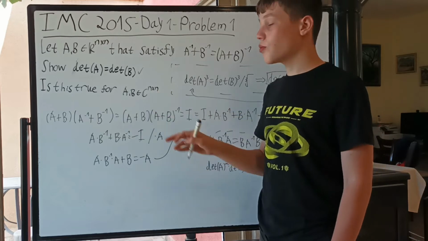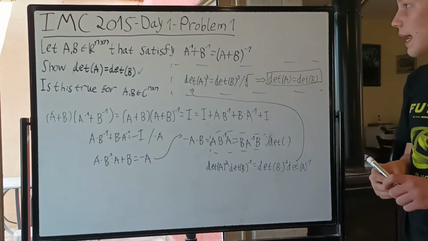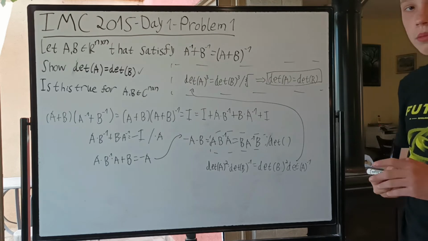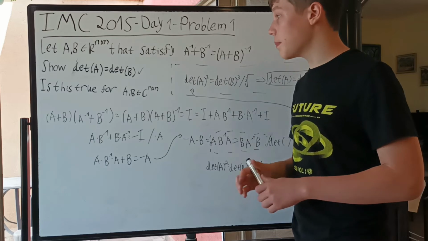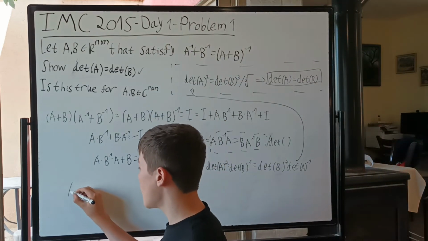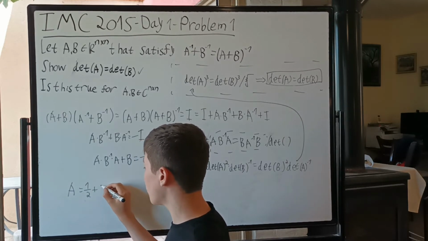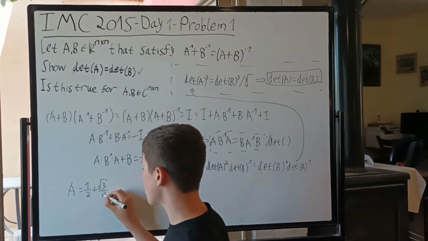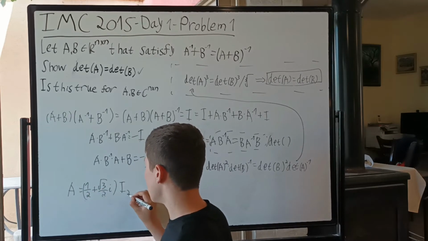Now, is this true for A and B which are complex matrices? And so this is what I'm going to do. I'm going to pick A and B to be 2 by 2 complex matrices, like so. A will be 1/2 plus root 3 over 2 i times I2.